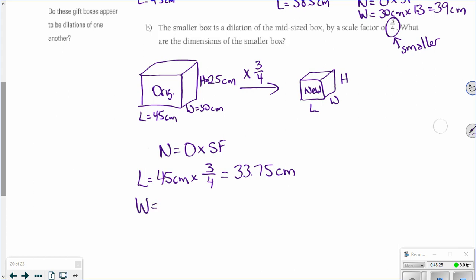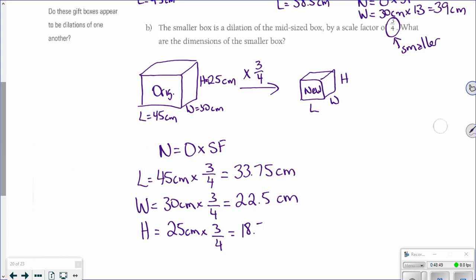For the width, our original was 30 centimeters times our scale factor of 3/4. 30 times 3/4 is going to be 22.5 centimeters. Height is originally 25 centimeters times the scale factor of 3/4. 25 times 3/4 is 18.75 centimeters. So those are the new dimensions of my smaller box.